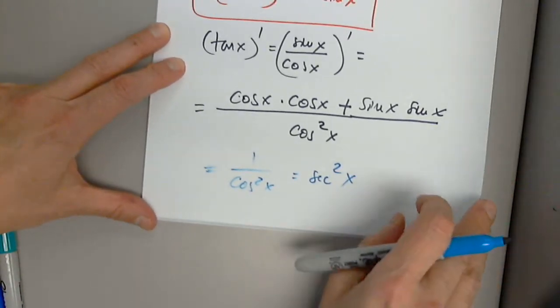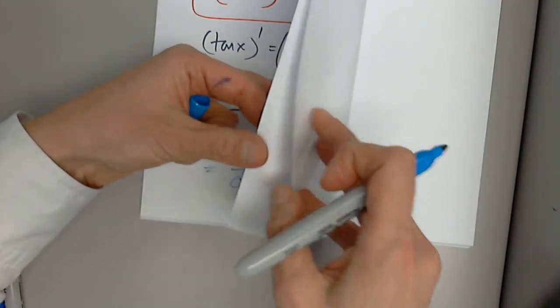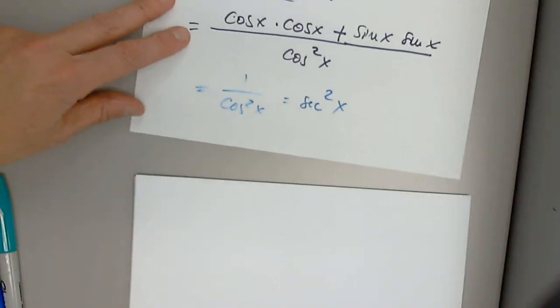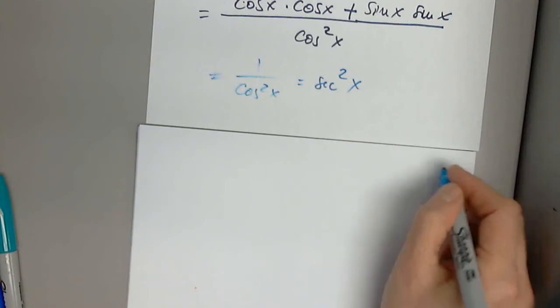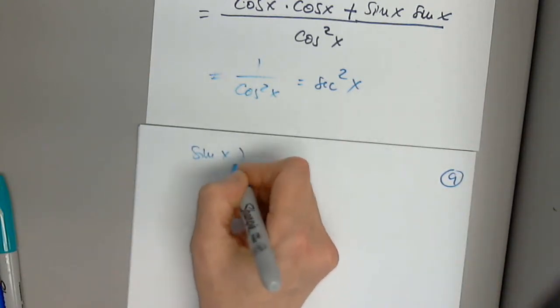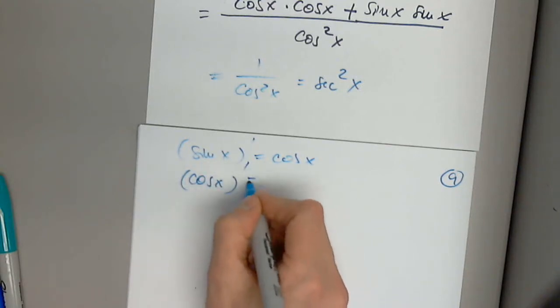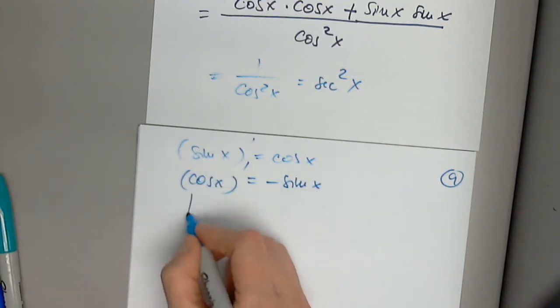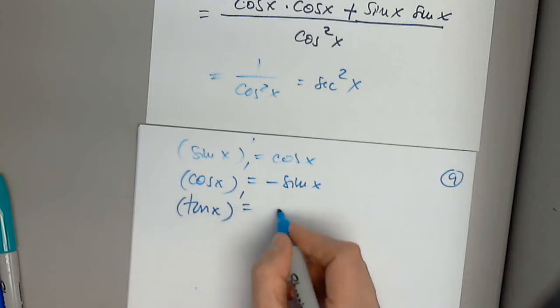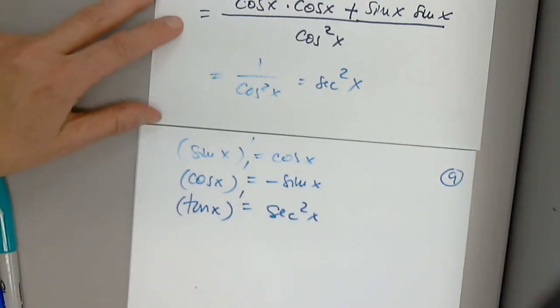So now we have to add this to our list of derivatives. So one more time, sine x prime is cosine x. Cosine x prime is negative sine x. Tangent x prime is secant squared x.